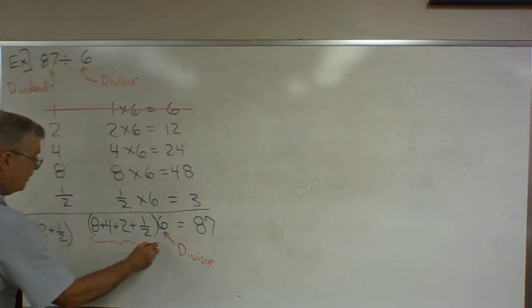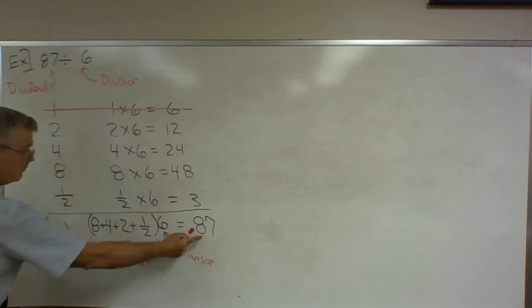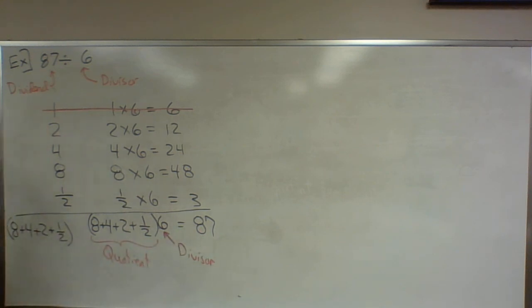And what we have left is the quotient. Quotient times divisor equals dividend. And what we have left here also happens to be the total of everything in the leftmost column.